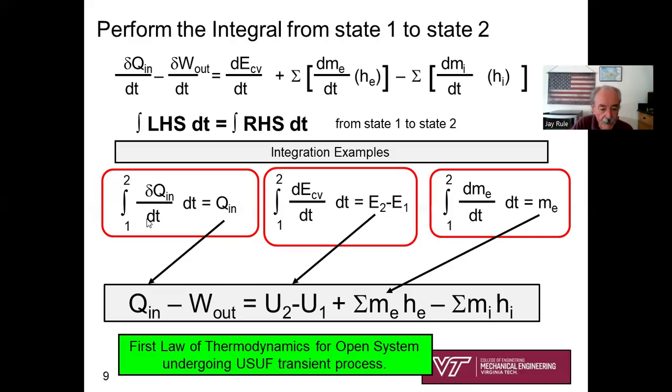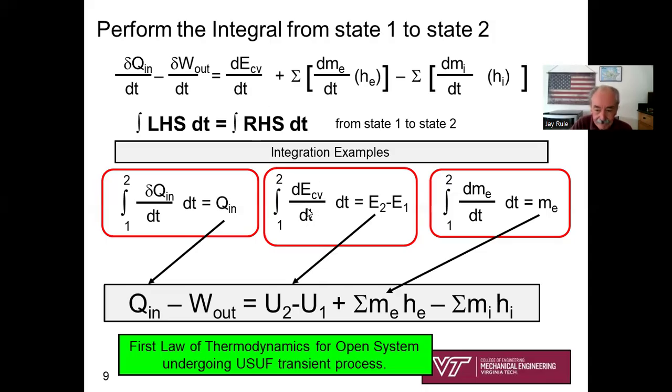Wow, I can cancel out dt and dt, so I've just got the integral of del Q in from 1 to 2. That's sort of like integrating an ordinary differential, and so the answer is Q in kilojoules from state 1 to state 2.